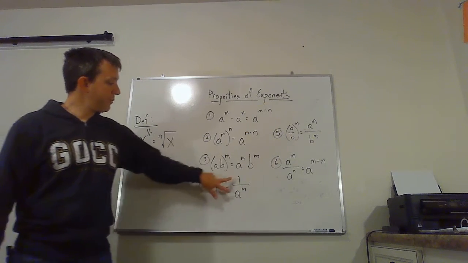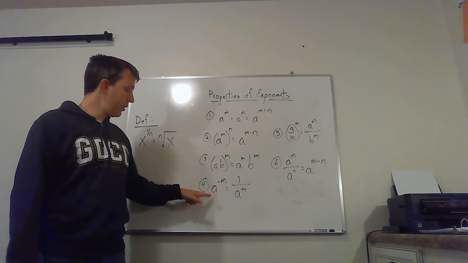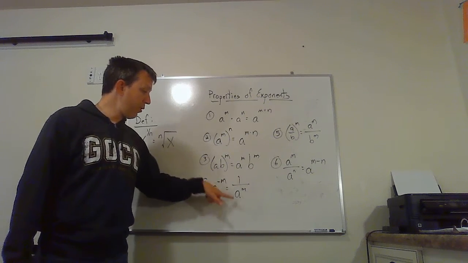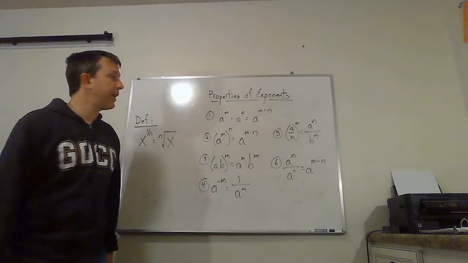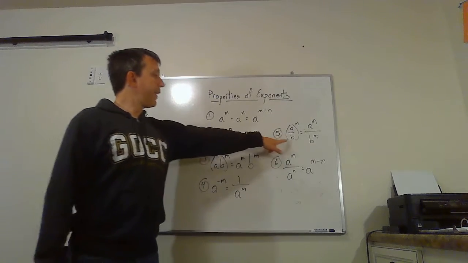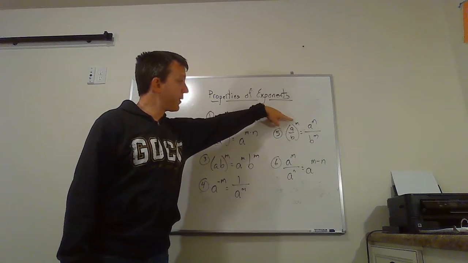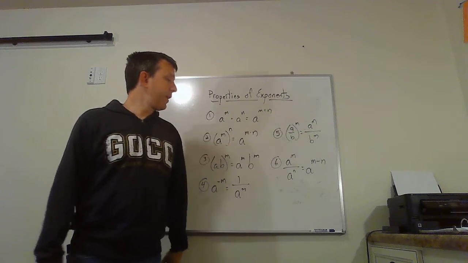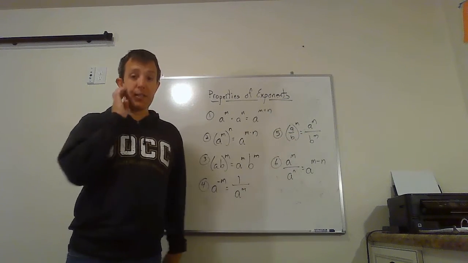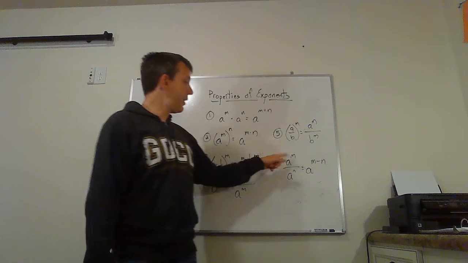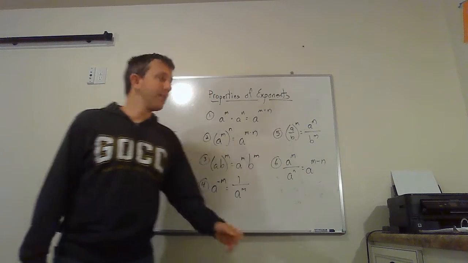A negative exponent makes a reciprocal, so a to the negative m is 1 over a to the positive m power. If I have division on the inside, I can split the exponent again, a to the m over b to the m. And if I have division, then I subtract the exponents. So a to the m over a to the n is a to the m minus n.